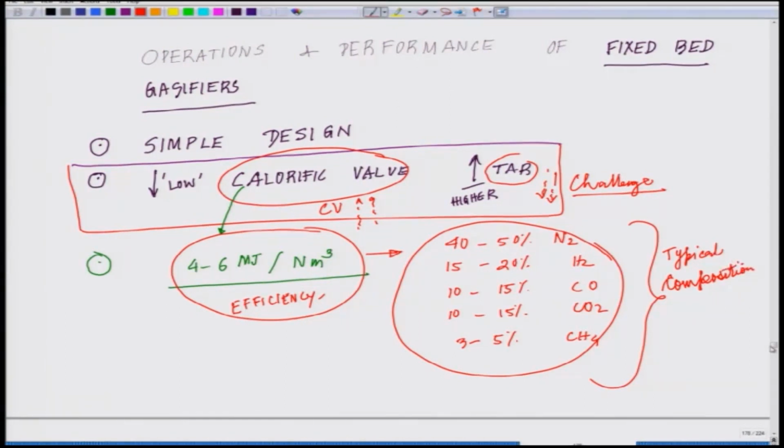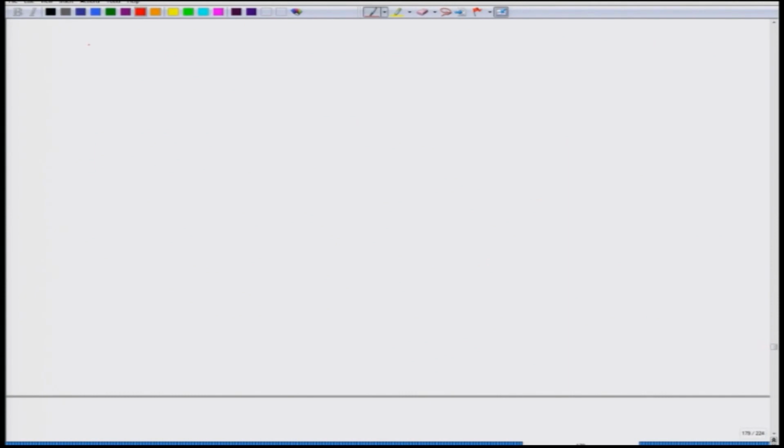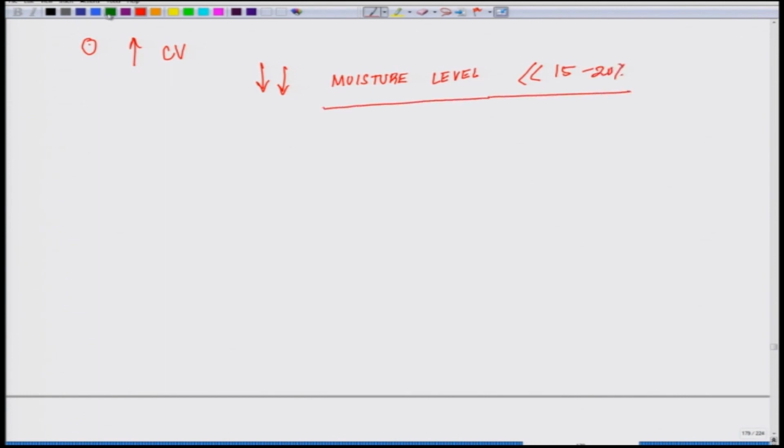Next important aspect is how one can increase the calorific value. This is a challenge. One approach is to reduce the moisture level to less than 15 to 20%. That is a challenge, but as I said in the last class, reducing the moisture level means energy input.